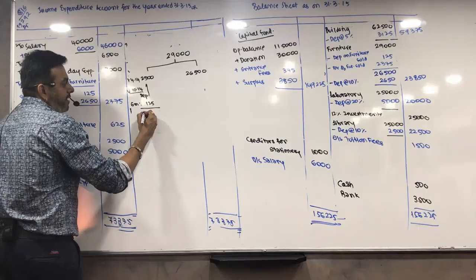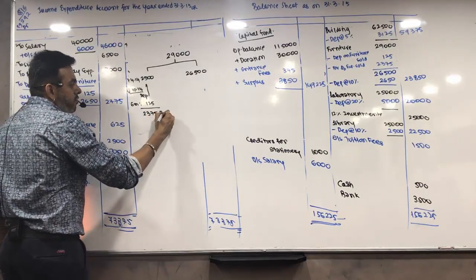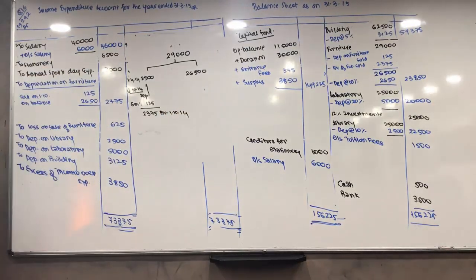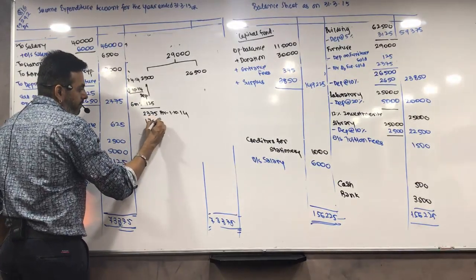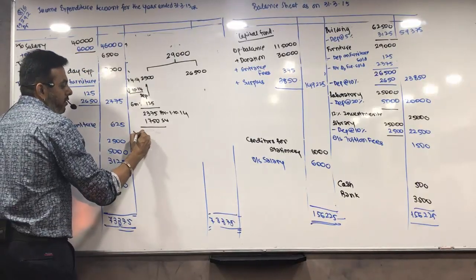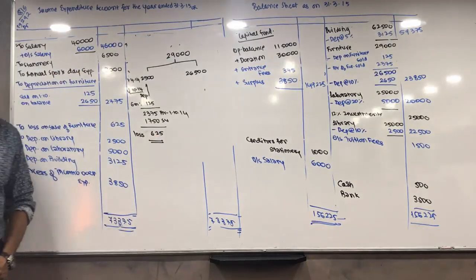So what are we left with? We are left with 2375. This is the book value as on 1/10/2014. Now you sold this for 1750, which is the sales value. So you have a loss of 625. All of you understood this now?